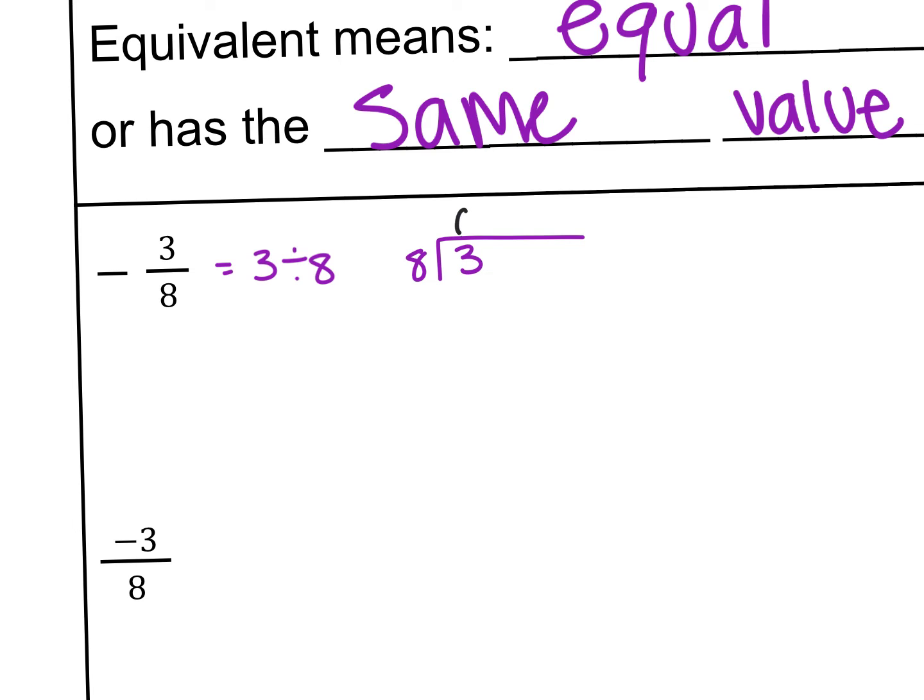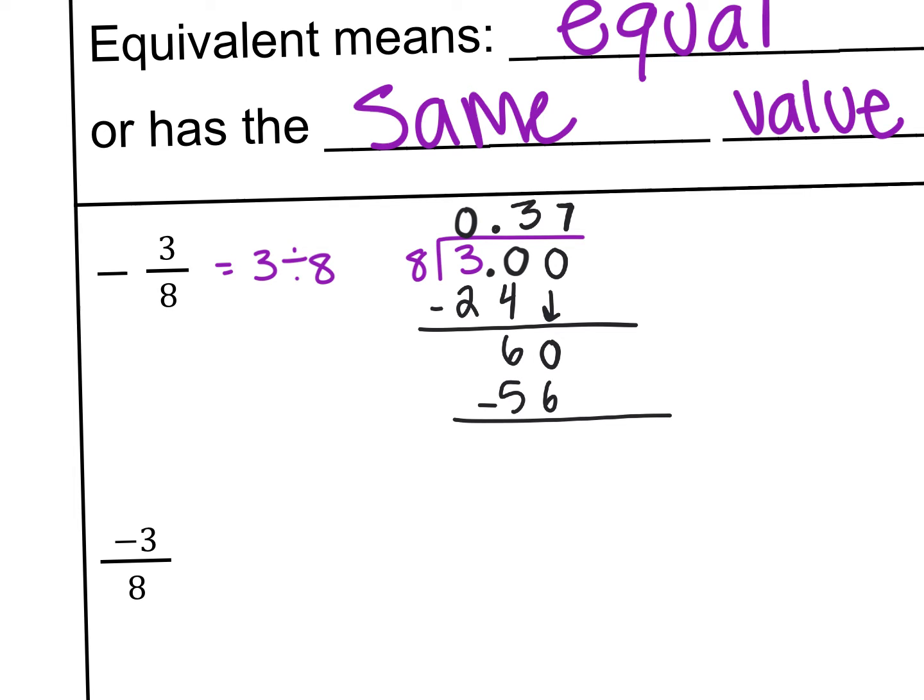8 does not go into 3, so I'm going to write a 0. Add a decimal point and a 0. 8 goes into 30 3 times. 8 times 3 is 24. We're left with 6. Going to add another 0. 8 goes into 60 7 times. 8 times 7 is 56. 60 minus 56 is 4.